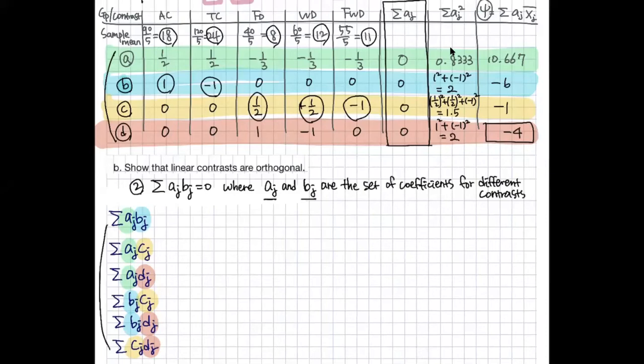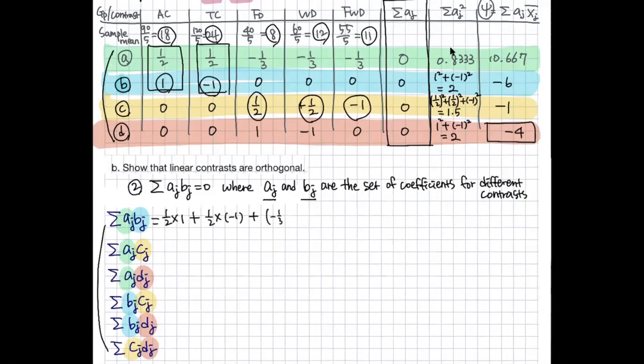AJ is 1/2 times BJ is 1, so 1/2 times 1 for AC, plus the second one for TC is 1/2 times -1, plus -1/3 times 0, plus -1/3 times 0, plus -1/3 times 0.